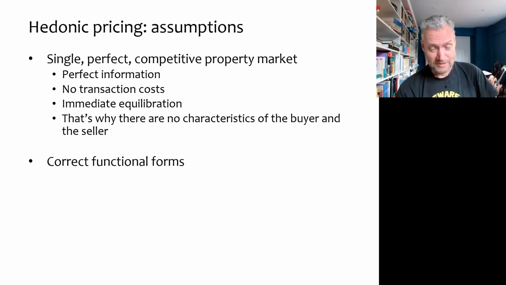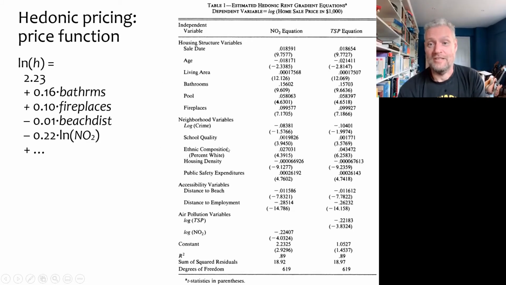So that is an assumption that you make, and of course another assumption that you need to make is, does the log of the house price depend on the log of air quality? Does the log of the house price depend on school quality? Not logs, but the log of the crime, right? So the functional form actually matters, but that is one that can be tested with the data that you have.